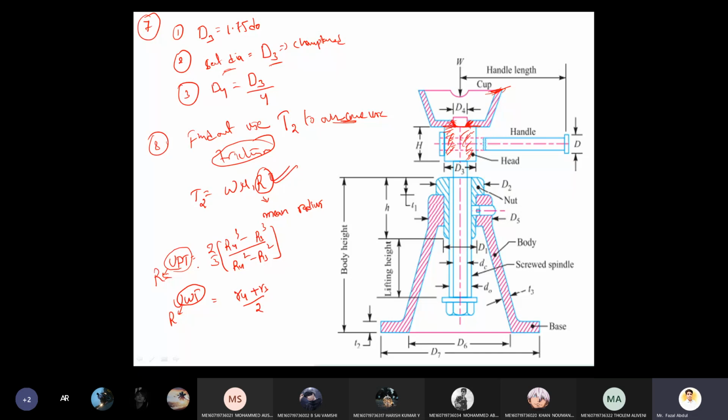One R value is 2 by 3 into R4 power 3 minus R3 power 3 by R4 square minus R3 square. This is the equation for uniform pressure theory. This one we consider for uniform wear theory. These two values represent the mean radius. Okay, this is the eighth point.